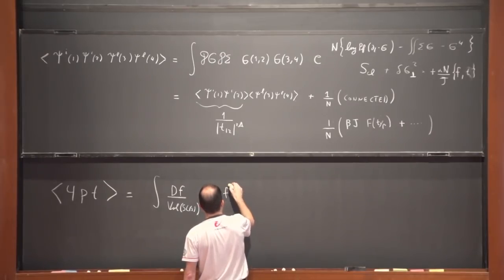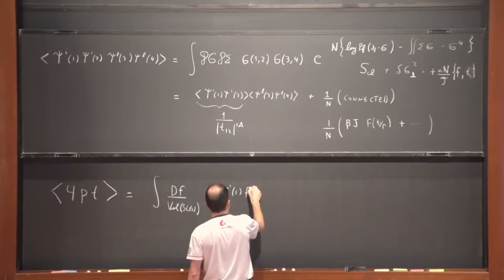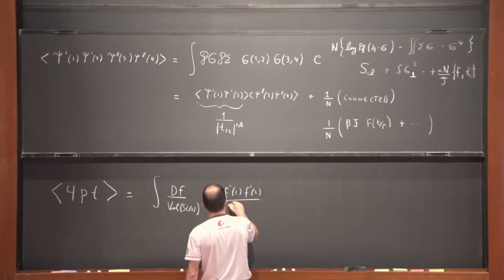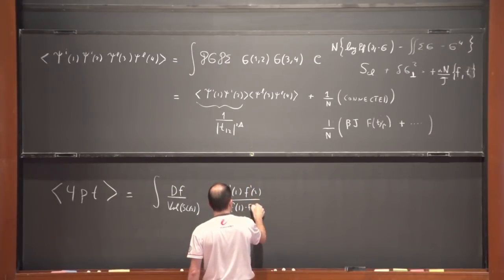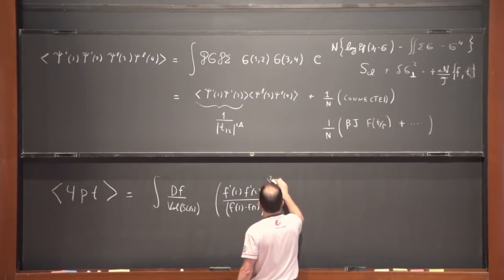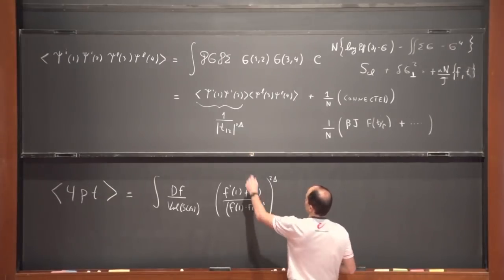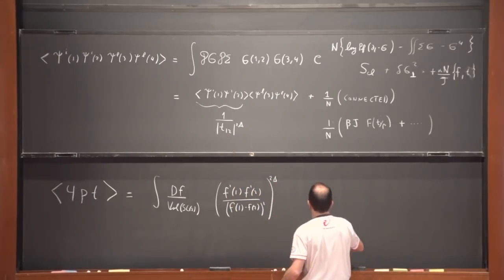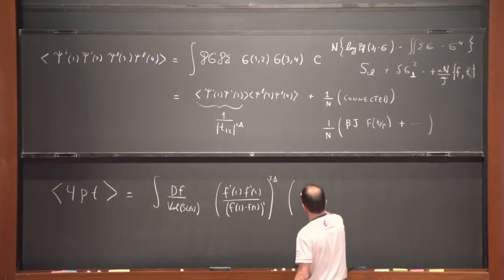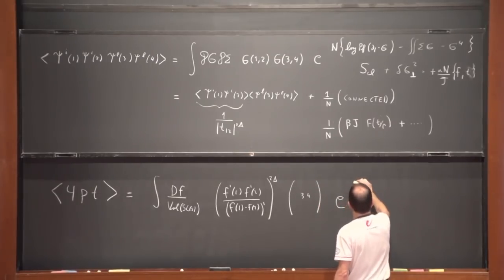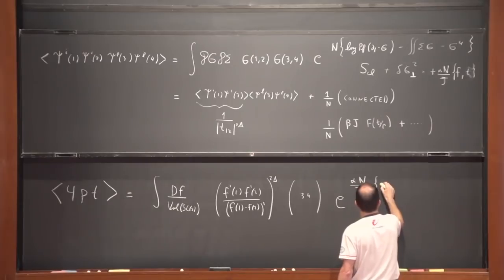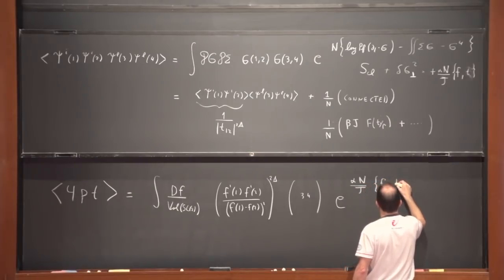So this is just f prime 1, f prime 2 over f1 minus f2, to the 2 delta. So this is just taking this function and transforming it by f. And then we have the same thing here for 3 and 4. And we get here the Schwartzian action, alpha n over j times the Schwartzian of f and t.